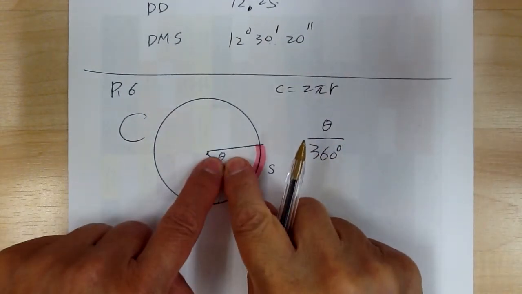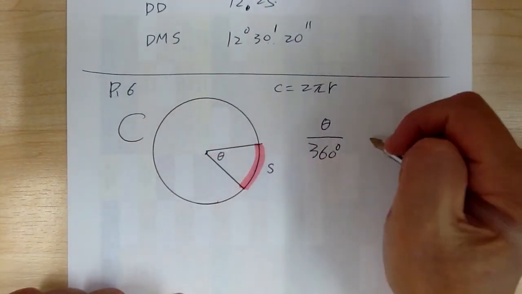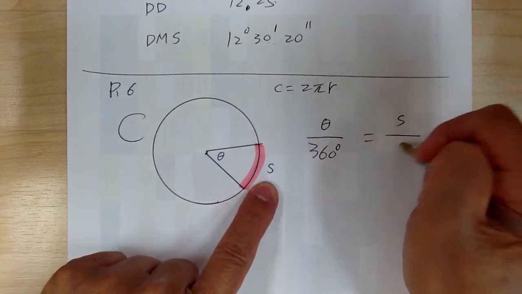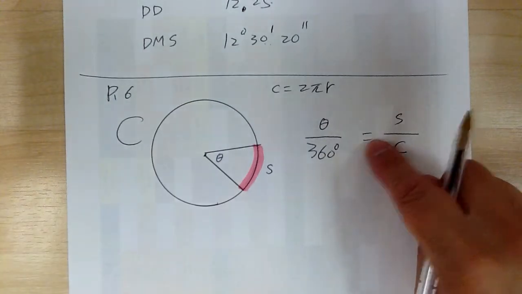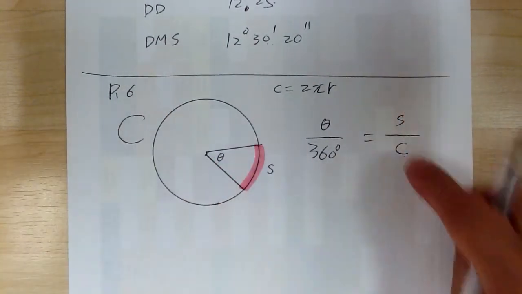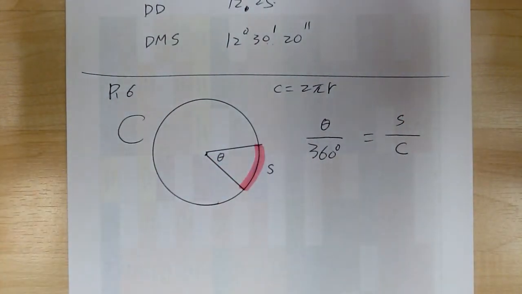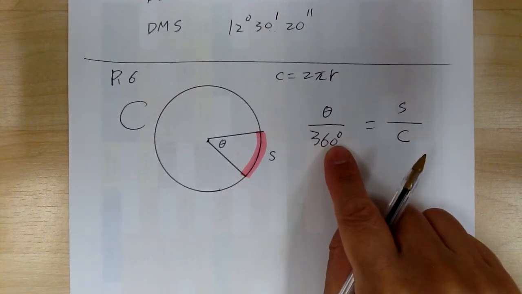So again, part over entire circle equals part over entire circle. Okay, remember in geometry, right? You can write proportions in any way you want as long as you match things up correspondingly, right? So this is one way of doing it.